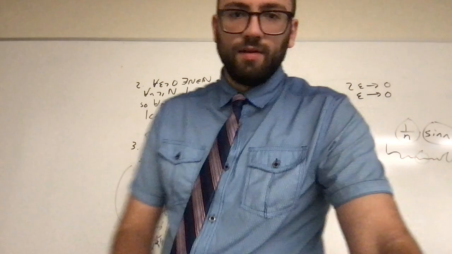So in that case, we can get the absolute value of xn minus A is less than epsilon over the absolute value of yn. Same thing as up here.